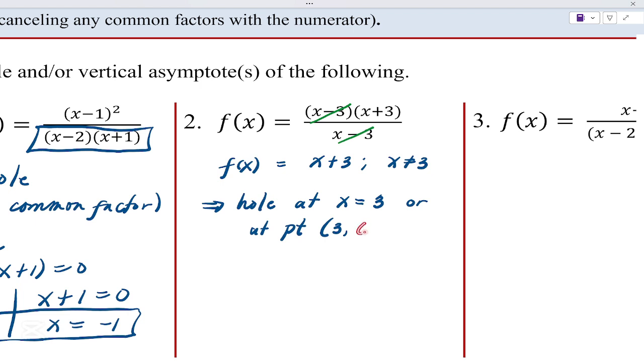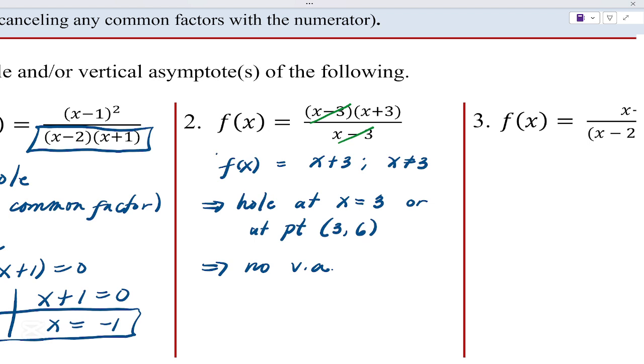So the hole is at point 3, 6. Since the new function is a line with a point of discontinuity at x equal to 3, and we cannot see any denominator here, we can say that there is no vertical asymptote.